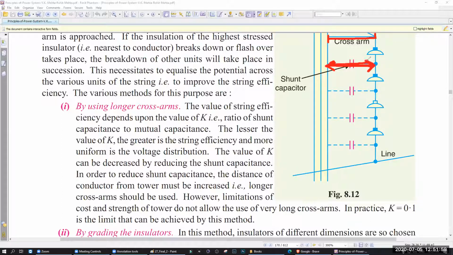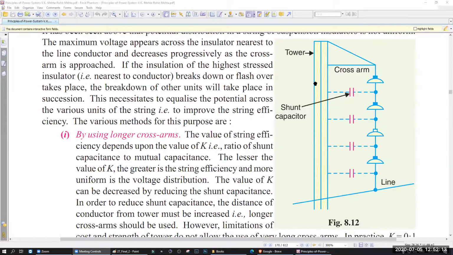The problem is somewhere else. Sir, stress. The cost increases. Yes, cost, because these are all steel towers. If you increase the length, the weight increases, right? Weight increases means you have to use more steel. More steel means more cost. Okay, so that is a problem.